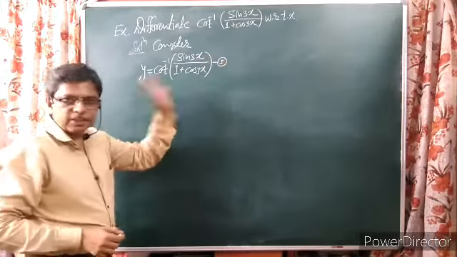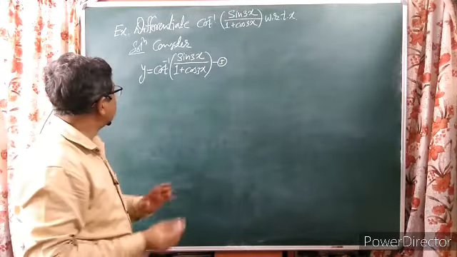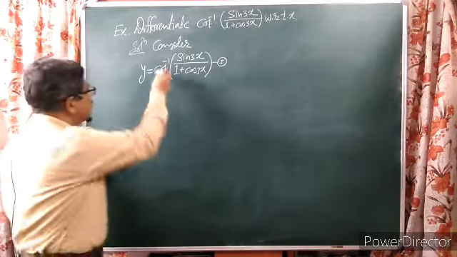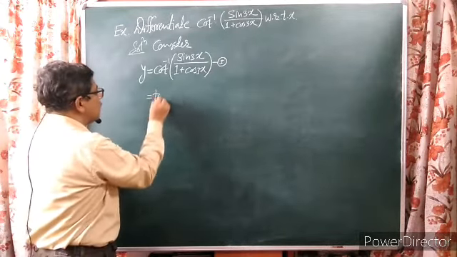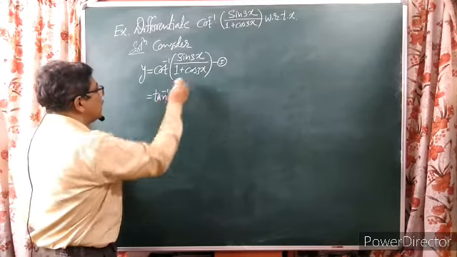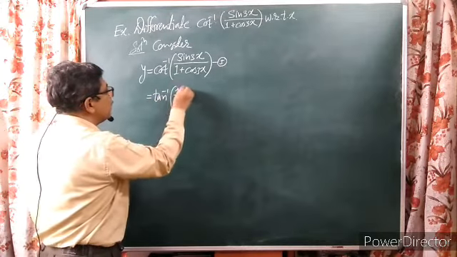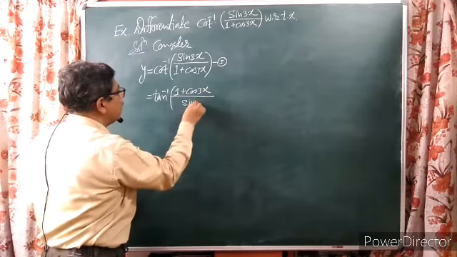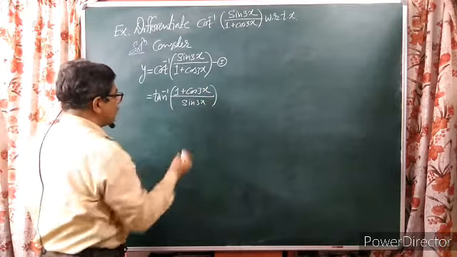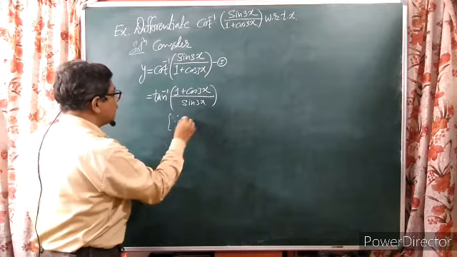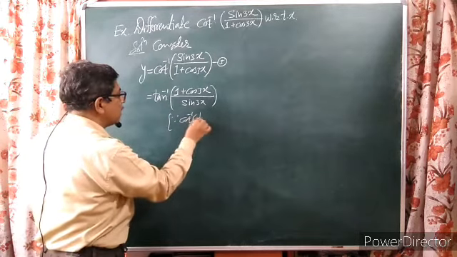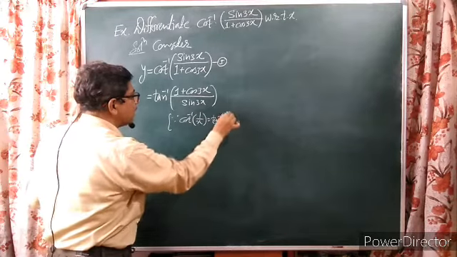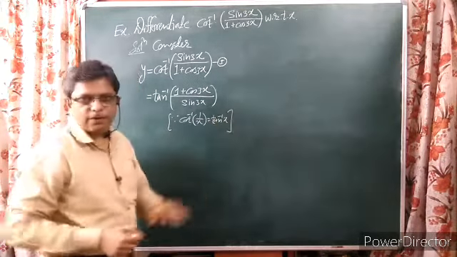You may simplify like this only, but as we have discussed in the last video, it is better to convert cot inverse in form of tan inverse and go for the reciprocal. That is 1 plus cos of 3x divided by sine of 3x. See what we have used: cot inverse of 1 upon x can be written as tan inverse of x. This is the formula we have used.